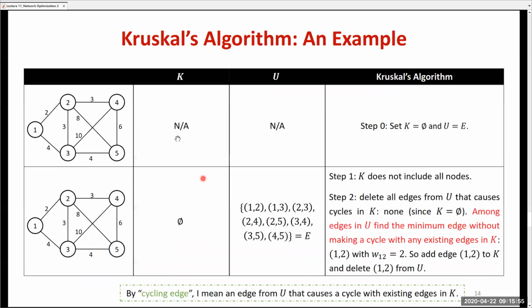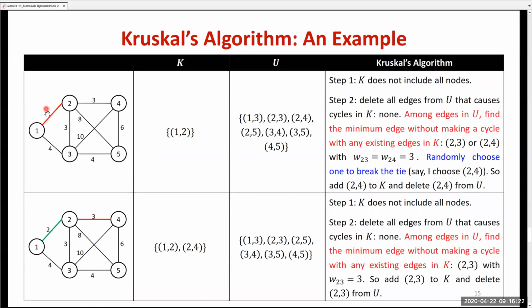Okay, so again, here we set K initialization equal to the empty set and U equal to E. K is the empty set, so in step 2.1 we're not going to do anything because we cannot find any edge from U that's going to cause cycles in K. Then we directly choose the smallest edge, which is 1, 2.